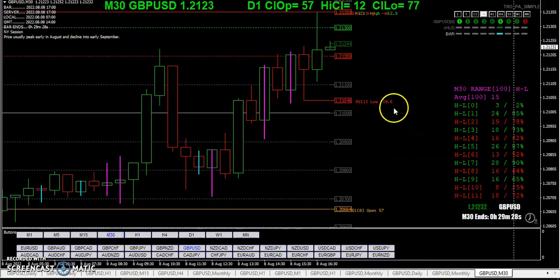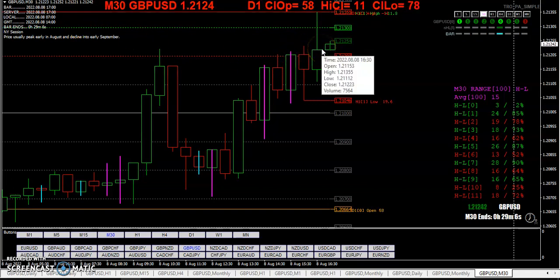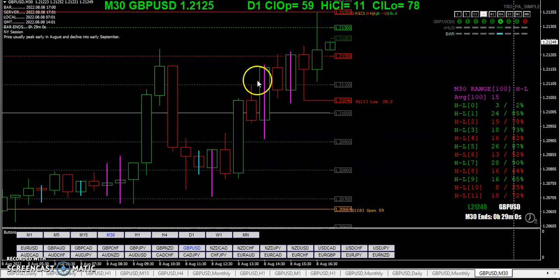One of the things I've been liking to do is look at the M30 and see it put in the upper wick, and we have an open at 22.3. So if price drops, say down to 21, I would look to go short, anticipating a couple of things. One is that price will cover this body, because you can see here how many times price covers the body versus it doesn't.